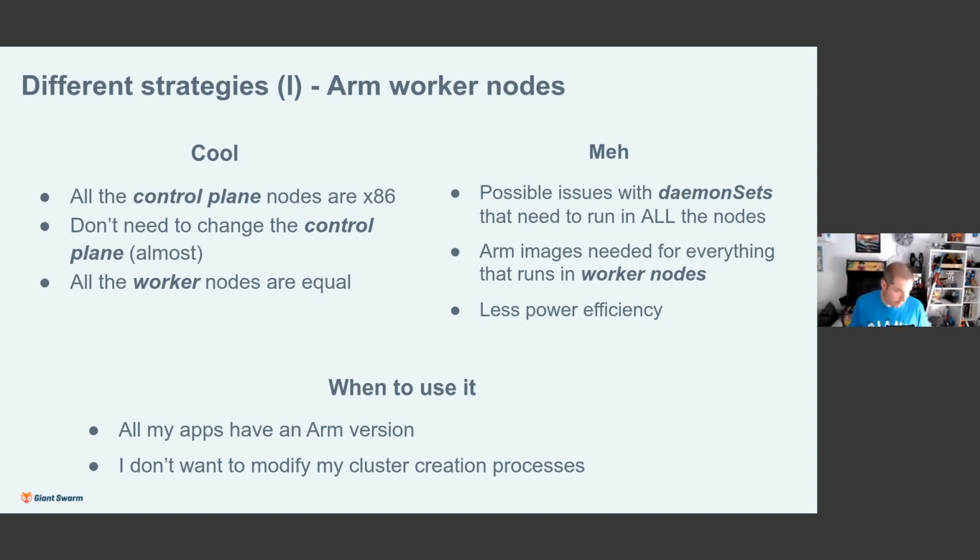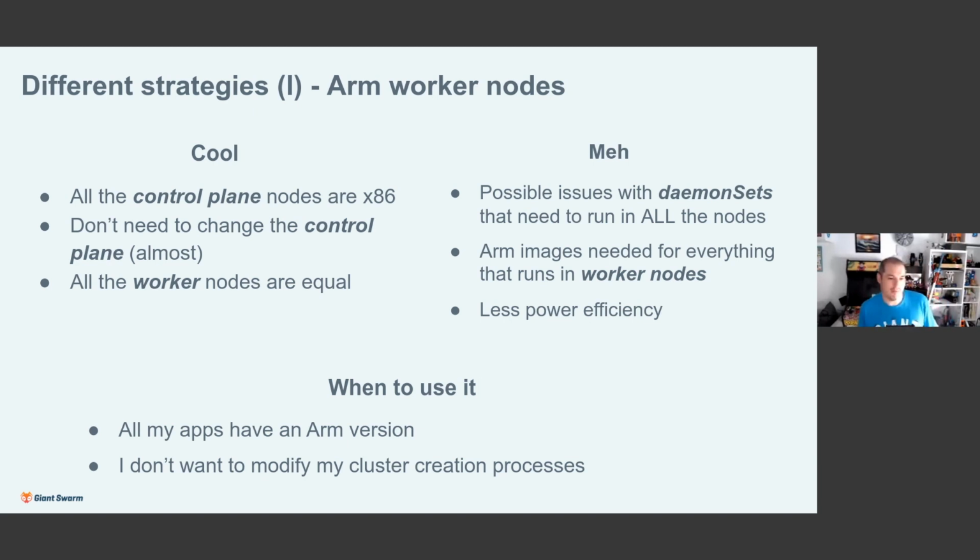What's not so good? There is a thing in Kubernetes called DaemonSets, which are pods or applications that run in all the nodes. That means they run in ARM nodes and in x86 nodes, because control plane nodes at the end of the day are nodes.